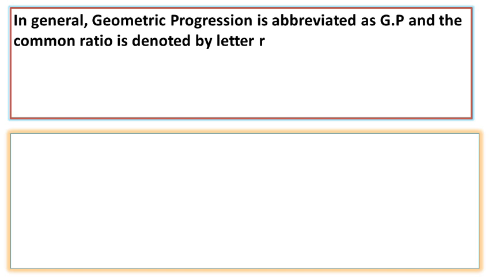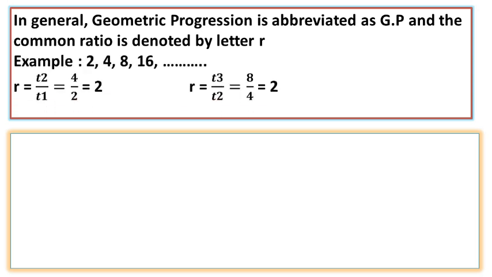In general, geometric progression is abbreviated as GP, and the common ratio is denoted by the letter R. Consider an example: 2, 4, 8, 16 and so on. Calculate the common ratio between the terms.